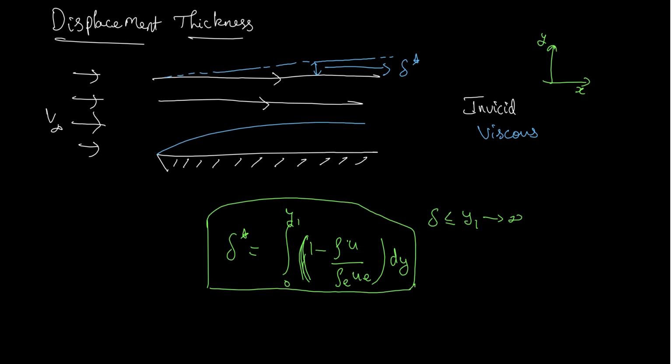Let me give you another quick pictorial representation of how the displacement thickness works. Assume I have a conical body, maybe the nose of an aircraft or the nose of a rocket. When it flows, it gets a boundary layer which looks something like this. Dotted lines are not proper, but still, this is what we define as the displacement thickness.